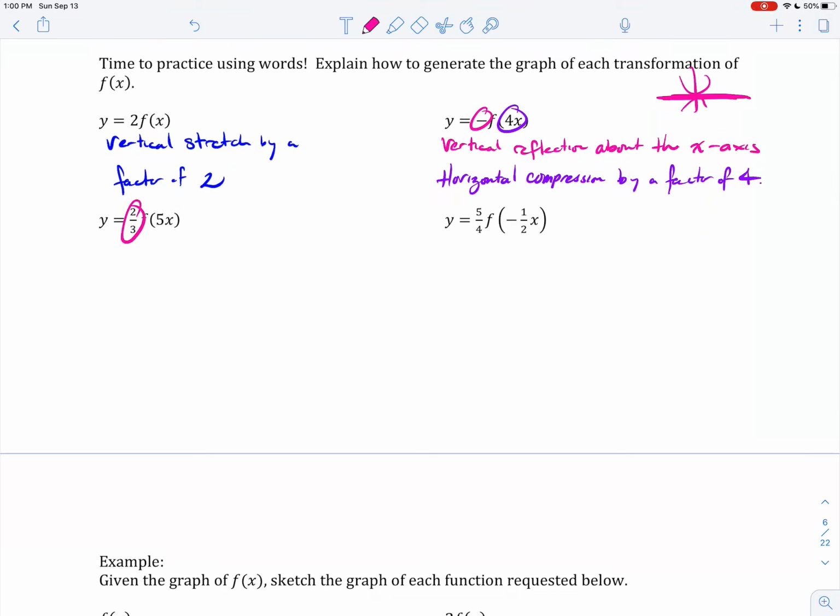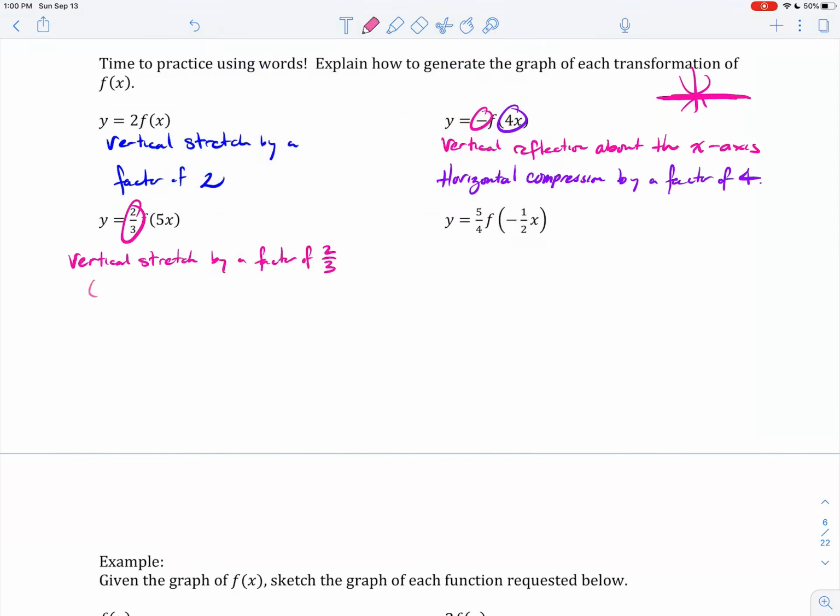Here, we're multiplying all the y values by 2/3. We can phrase this a couple ways, but if we want to be consistent, we'll just say that's a vertical stretch by a factor of 2/3.